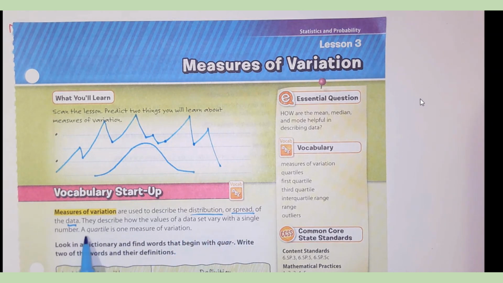A quartile is one measure of the variation. So it's like pieces, and everything in there is a measure of variation. So a quartile is one measure of variation.